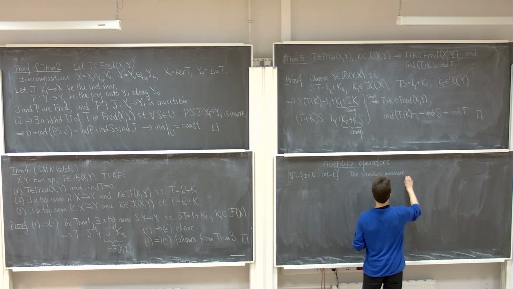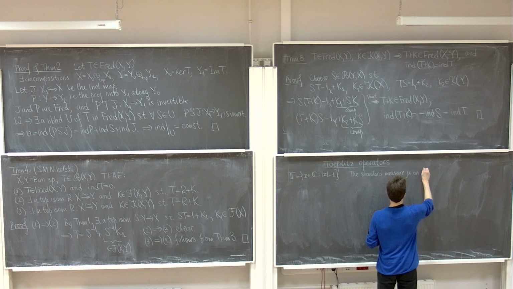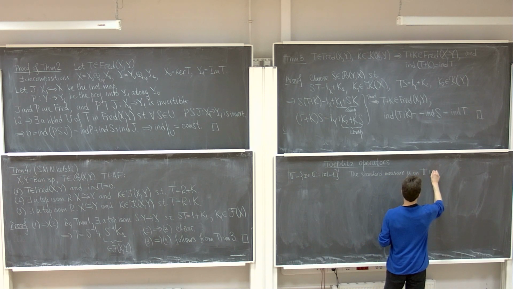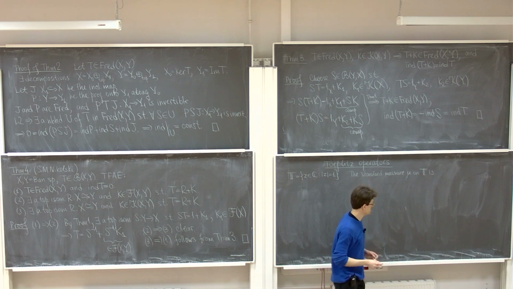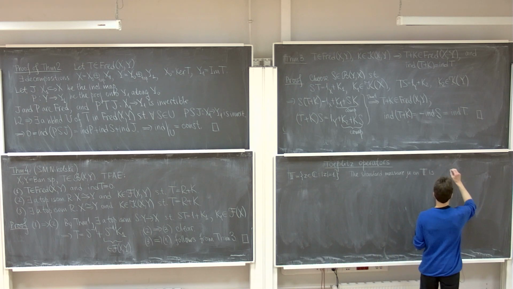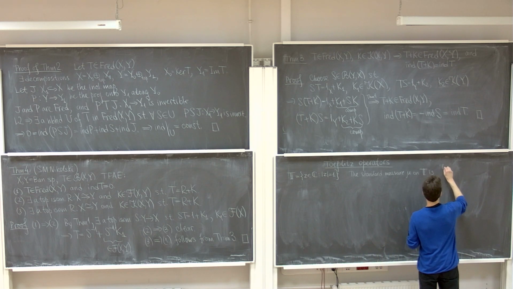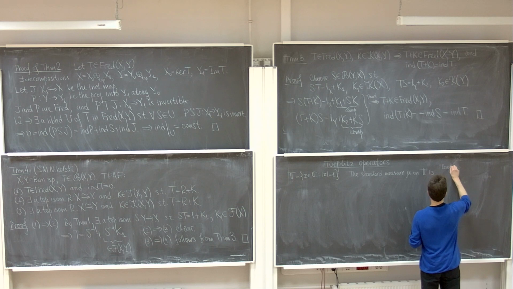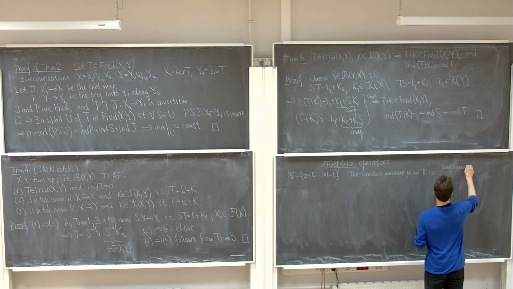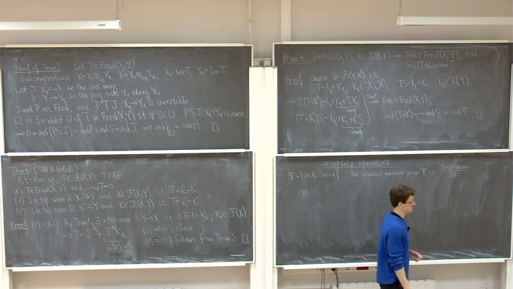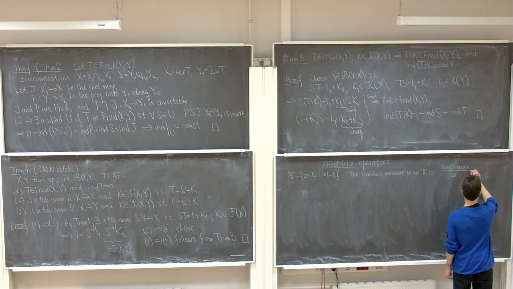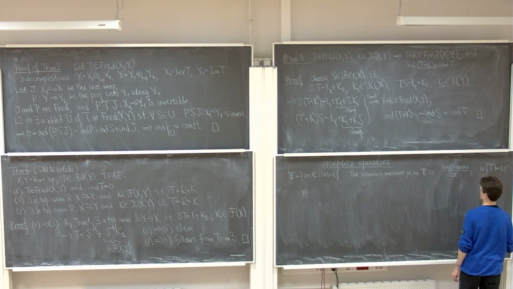Let's denote it by mu. And this is the normalized length measure. That is, this is the length measure divided by 2 pi, so that the measure of T is 1. This is quite convenient.